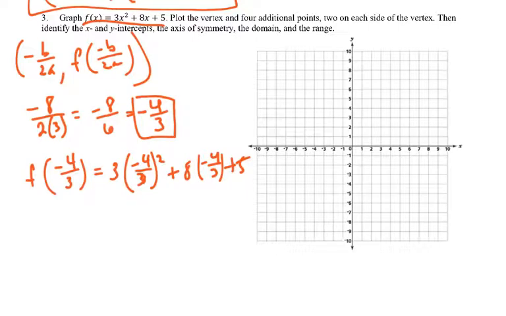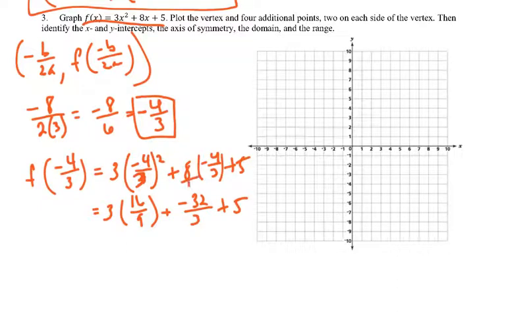This is not going to be very pretty because of all the fractions, but we are good with fractions, so it shouldn't be an issue. We have 3 times 16/9 plus negative 32/3 plus 5.